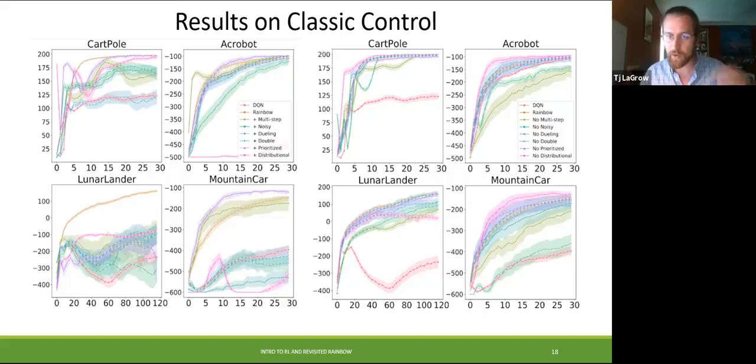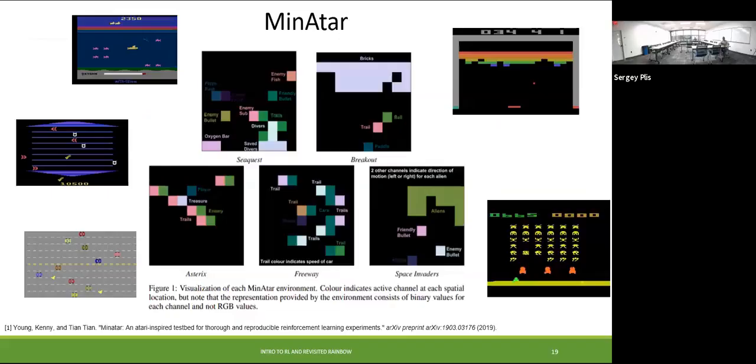Then both Acrobot and Mountain Car are sparse reward environments, which are typically good for investigating exploration strategies. They observed that noisy networks tend to give a performance gain in both of these environments, whereas Mountain Car appears to be the most difficult of the two, a fact observed by a couple of different papers from past conferences.